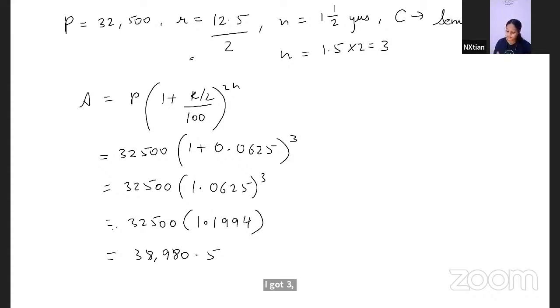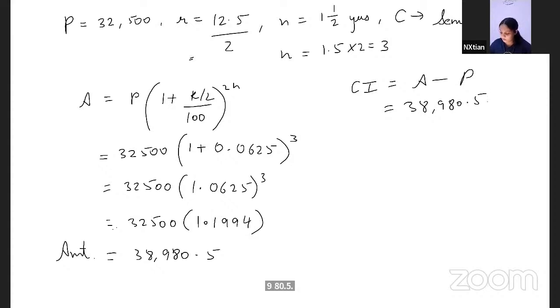Okay, good. Now this is the amount, Sunil. Now what will we do? How to find the CI? CI is equal to A minus P. So calculate 38,980.5 minus 32,500. Subtract it.